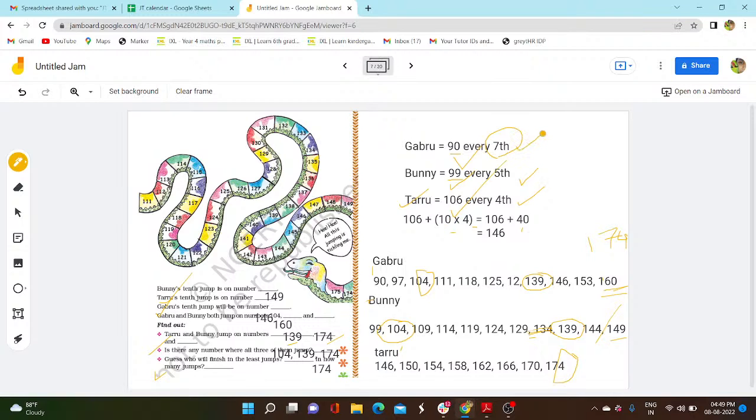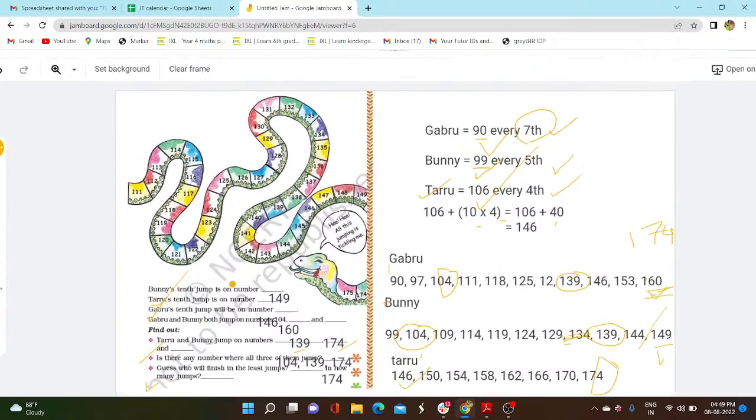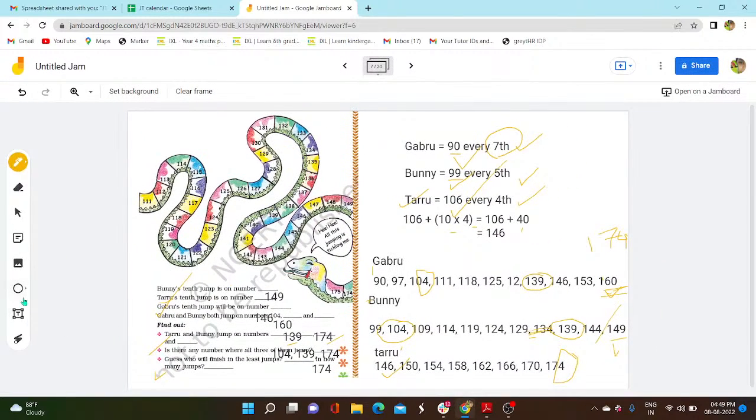Since he is taking jumps in 7s, he will reach the destination early. In the 10th jump, Gabru reached 160, while Bunny and Taru were only at 149 and 146. So Gabru is definitely moving faster, taking bigger jumps. So we would have Gabru over here.